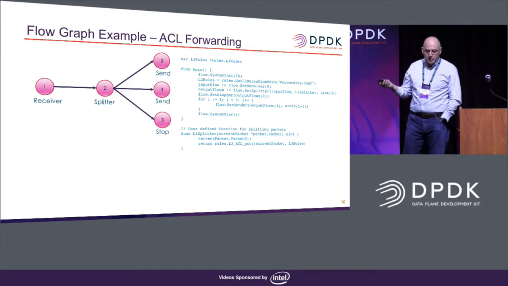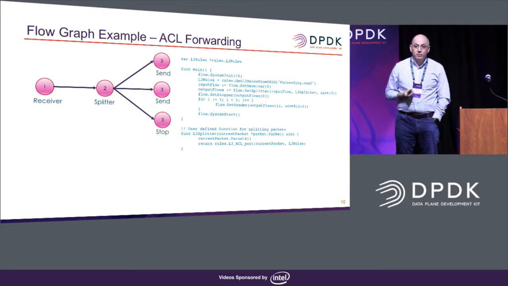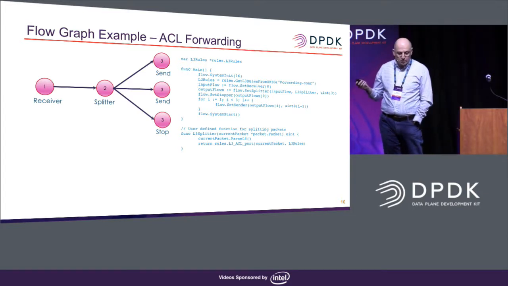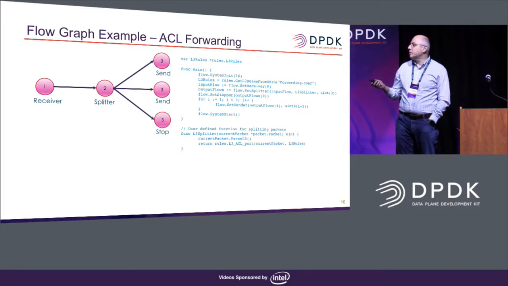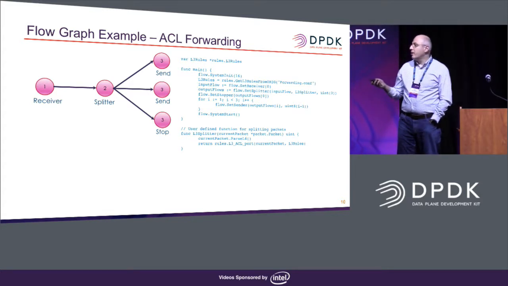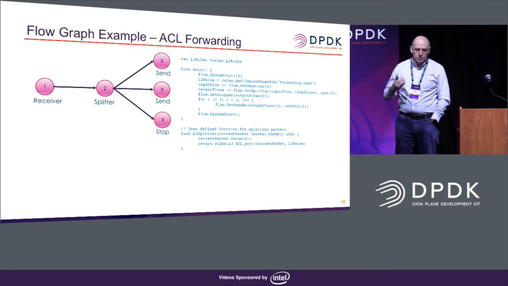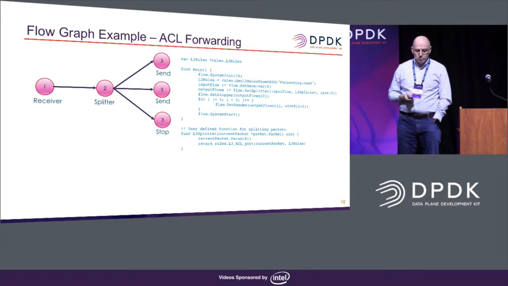What it does is get the packet information, apply the rules from the 5-tuple, and return a number which we use to send it to port number 1, 2, or 3. Then in a cycle, we just send the packet to the specified port. And then we do system start, and it launches DPDK, gets the flows of packets, and starts processing. This is how it's done.